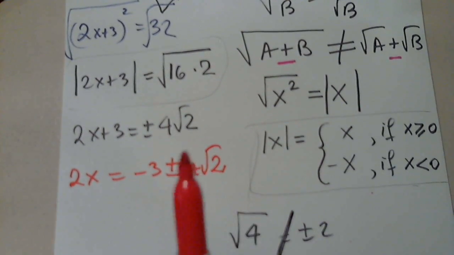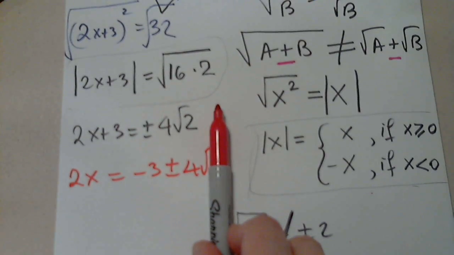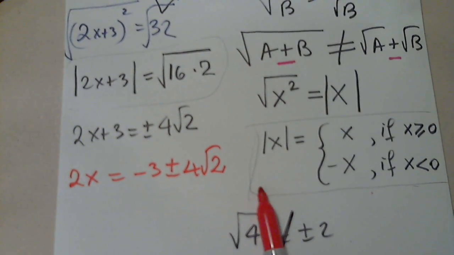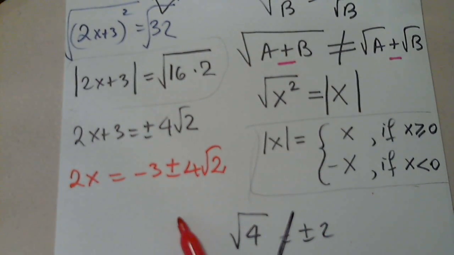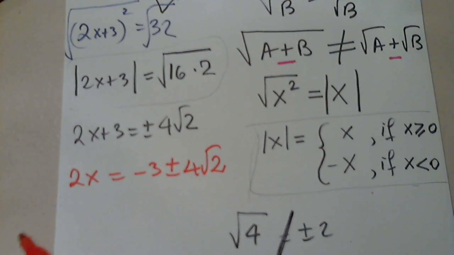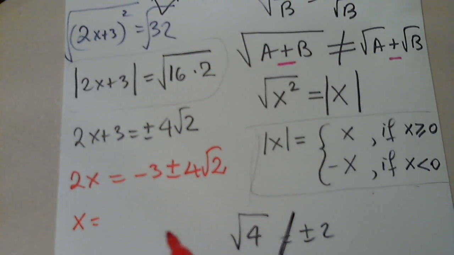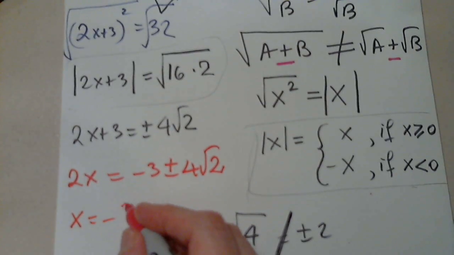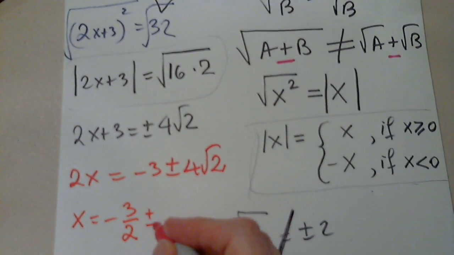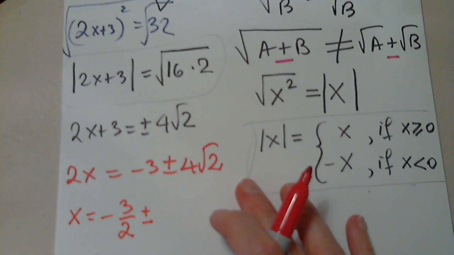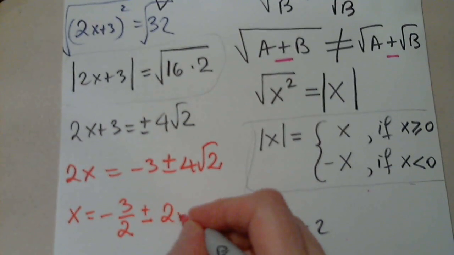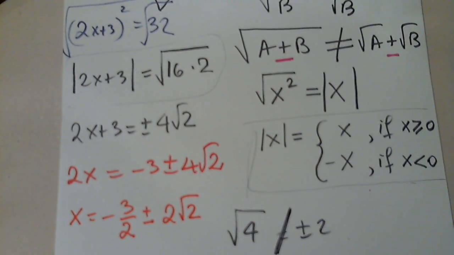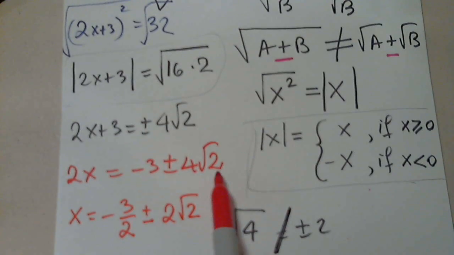I prefer dividing term by term. It's not incorrect if you write a fraction line and 2 in the denominator. I prefer dividing 2x by 2. I prefer dividing negative 3 by 2, plus or minus. And when I divide 4 the square root of 2 by 2, I already simplify into 2 the square root of 2. Is it incorrect if you just write it over 2?